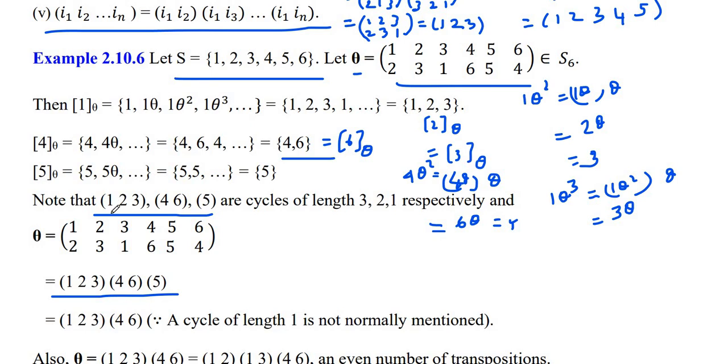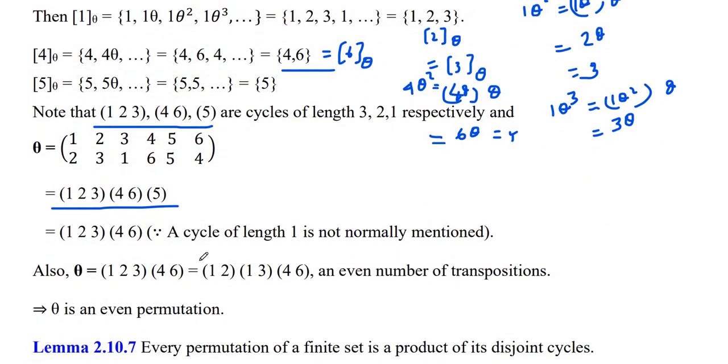So you have this to be (1 2 3)(4 6)(5). So this is the orbit of 1, the orbit of 4, the orbit of 5. Here we can see that they are all disjoint. We need not bother about the order in which they are written.